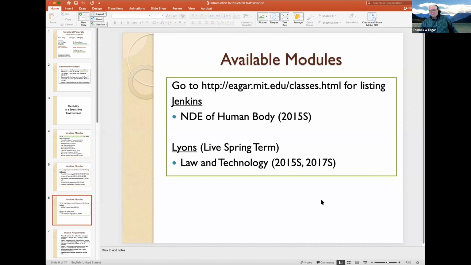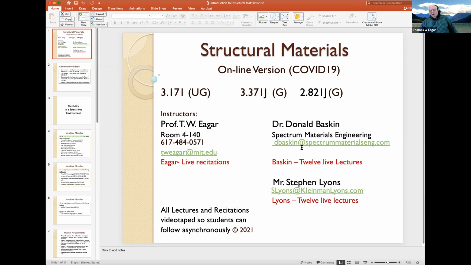And the same thing, let me say something about Don Baskin, okay? Don got his PhD in material science from Northwestern. Let me go back to the beginning up here. And he actually has a company called Spectrum Materials Engineering, but he went to work for Chrysler.